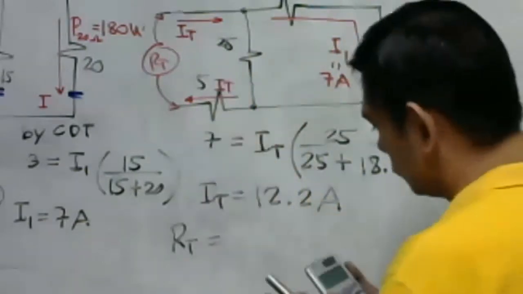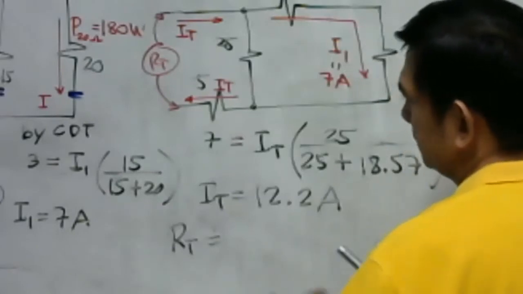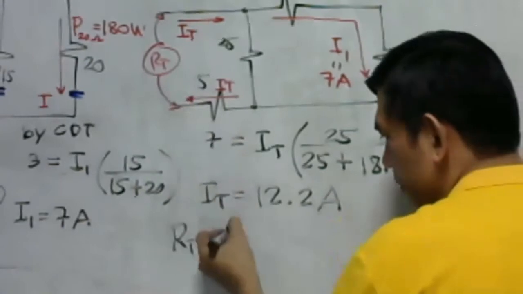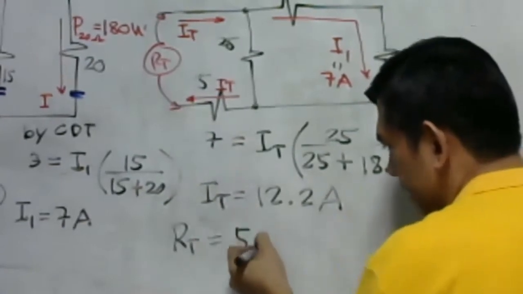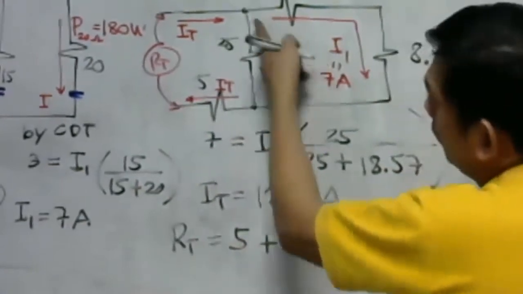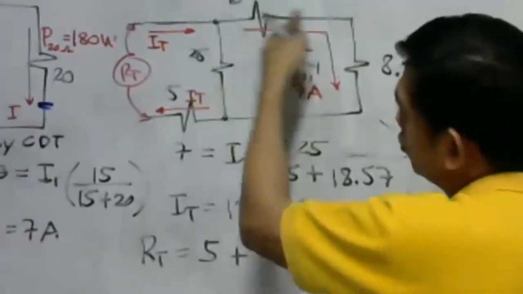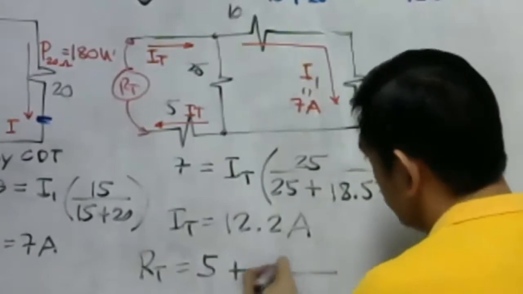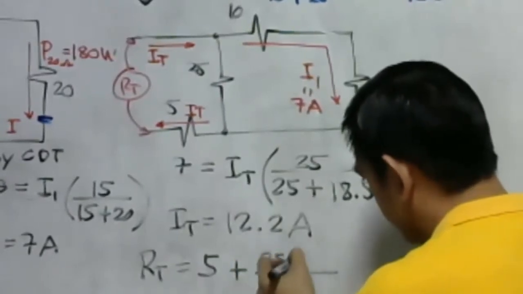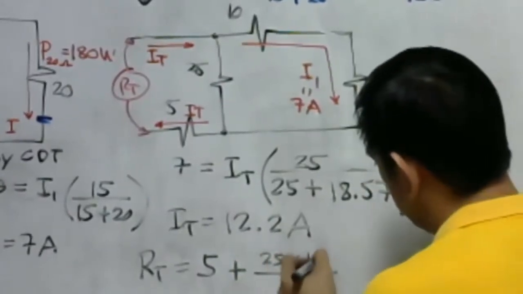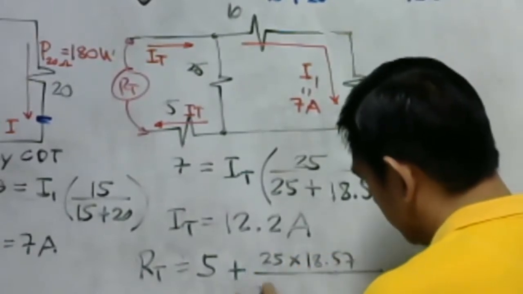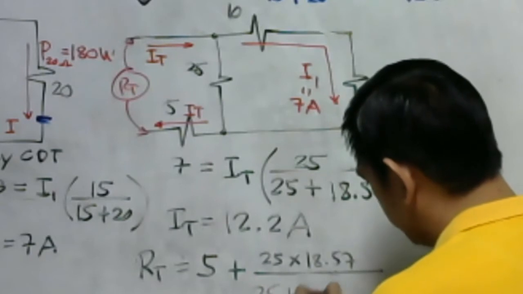So that is a series-parallel combination, no? I will put here 5 first and then plus the parallel combination of these two. There will be two resistors in parallel. So that is 25 times 18.57, the product over the sum, 25 plus 18.57.